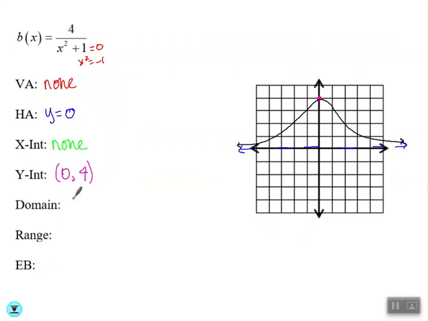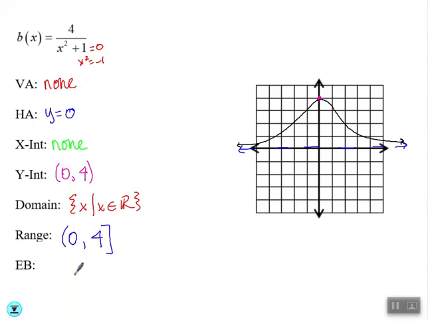So our domain, since we had no vertical asymptote, our domain is going to be all real numbers. We need to look carefully before we find the range. The lowest that our graph goes is it gets very close to the horizontal asymptote of 0. The highest that the graph goes is 4.